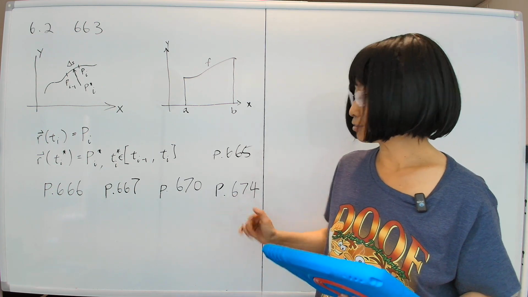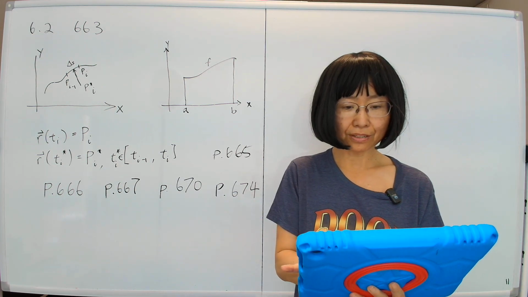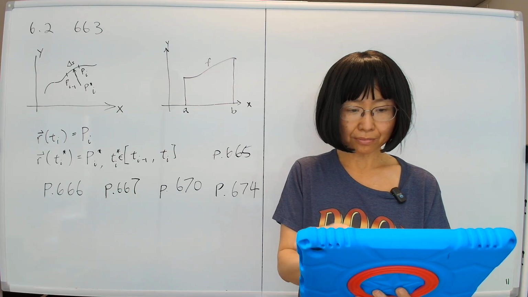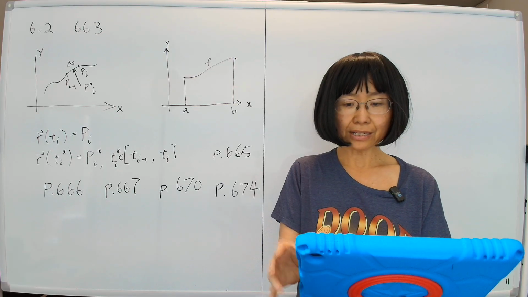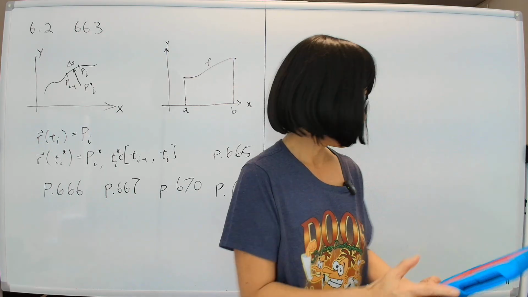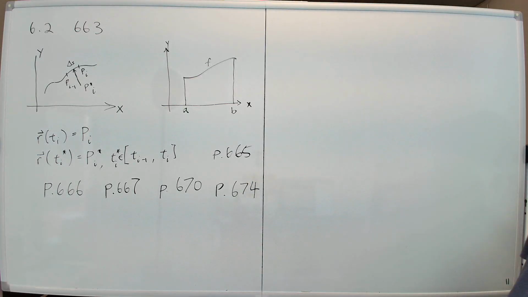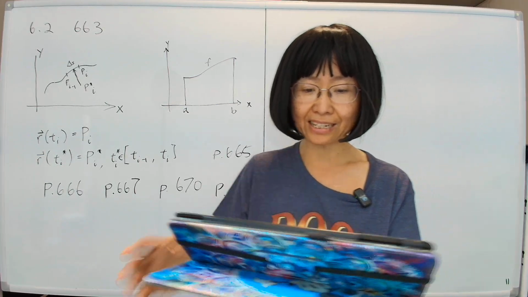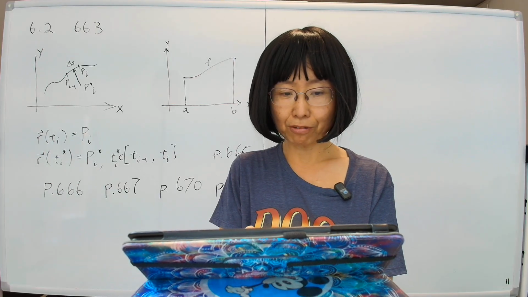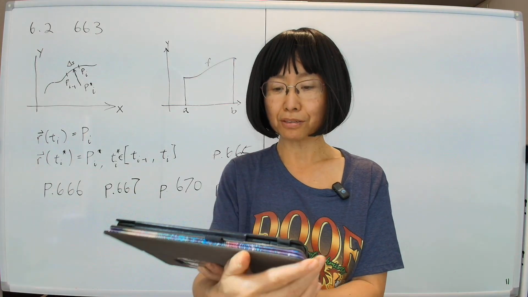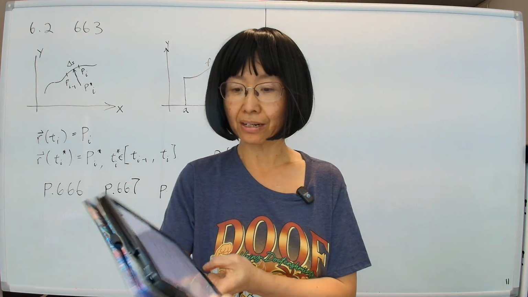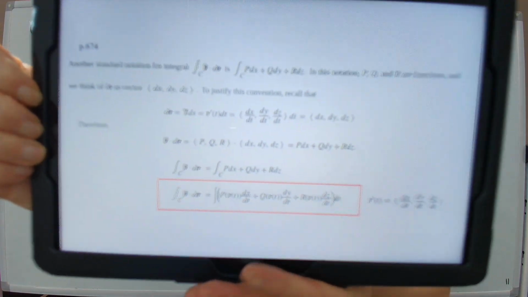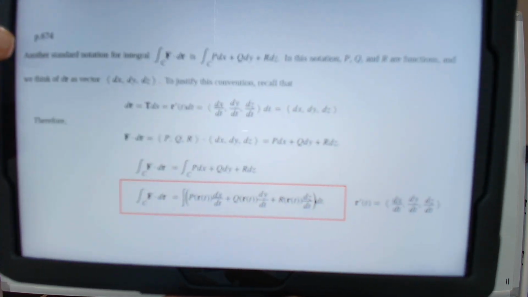And then we get to page 674, where we have something that writes stuff in a different notation. At this point, I feel that the book is a bit jumbled in what it's trying to say, so I edited it in a way that I think is a bit clearer.